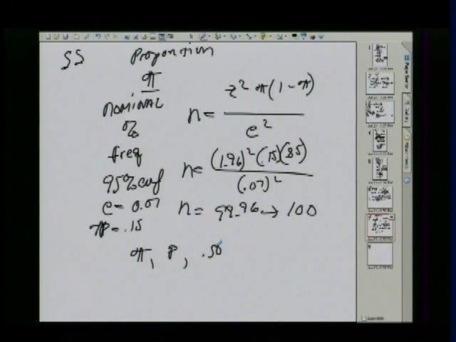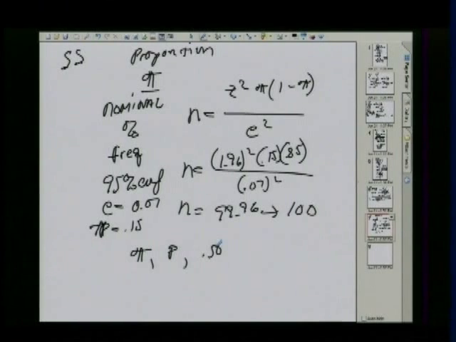I use this value because if I take 0.5 times 0.5, I get 0.25. That's the greatest product that I'm going to get given any possible value of p. So what I'm doing really is assuming the worst case. If I don't have any idea, I'm going to assume it's 0.5, and that will allow me to make sure that I've got the right answer within 7%, 95% confidence, but it's going to require a larger sample size because my proportion is no longer 0.15, it's 0.50.